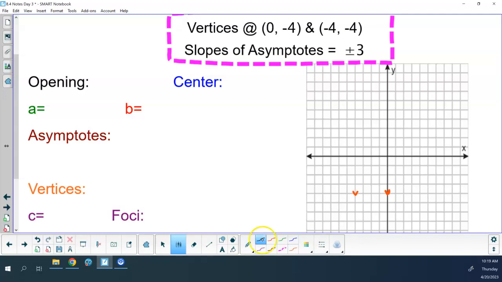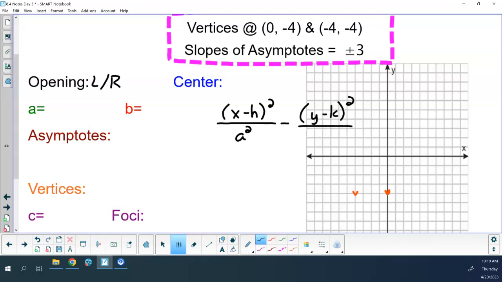So based off of just that, I know that its opening is left-right. Now that I know that it's a left-right opening hyperbola, I know then that my equation is going to be x minus h quantity squared over a squared minus y minus k quantity squared all over b squared equals 1. Because remember, the equations are different.